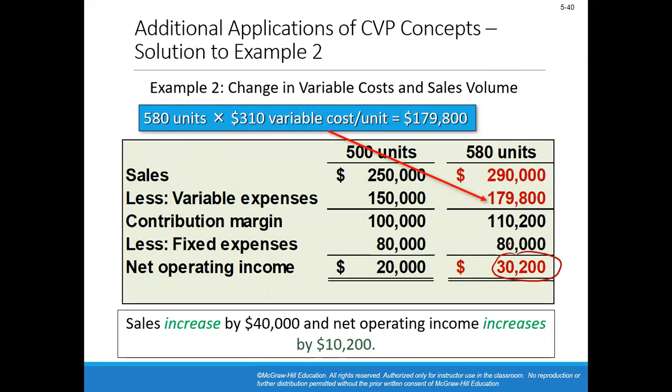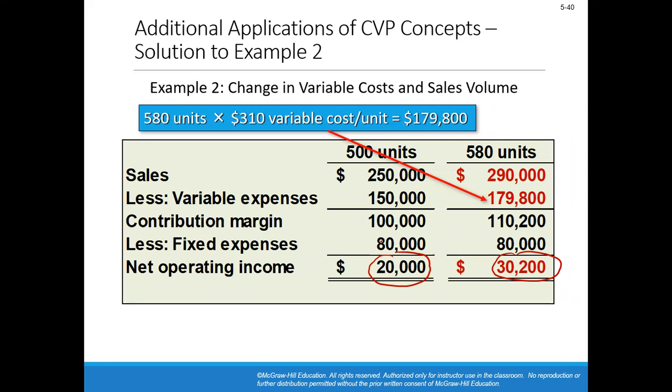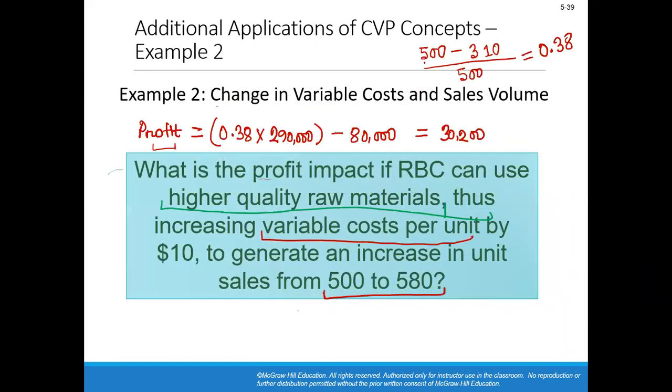And if we consider our base case, now 500 units, not the 400 units, we would see that it was 20,000. So for the increase of sales by 40,000, you see our new sales is 290,000. Our previous sales was 250,000. So there has been an increase of $40,000 in sales volume.